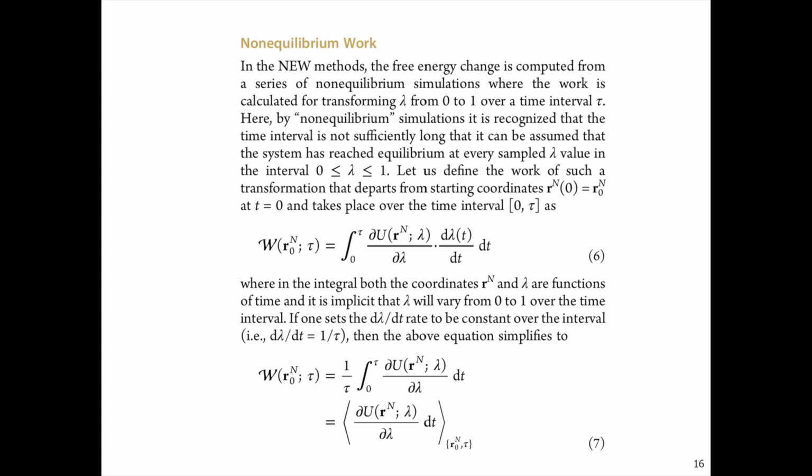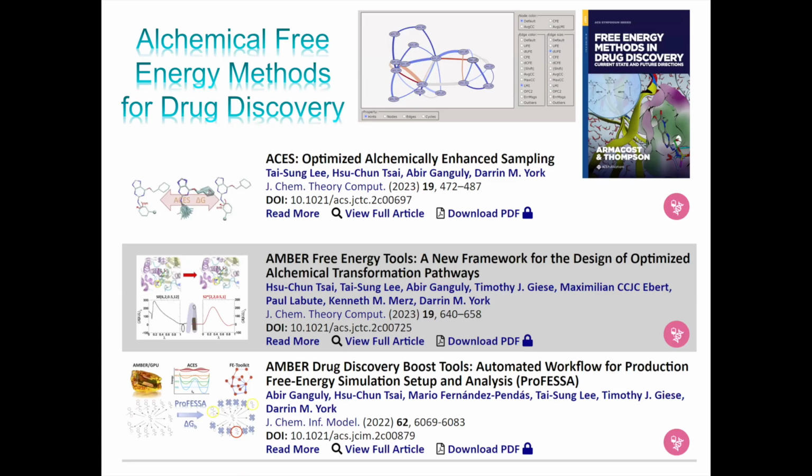And we use that in the context of our free energy simulations. Okay, so those are the 3 classes of how you actually calculate alchemical free energies. What I'll talk about now is how you construct the optimized alchemical pathway and use enhanced sampling to make the calculations practical.